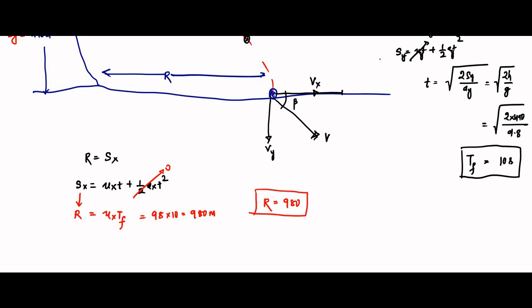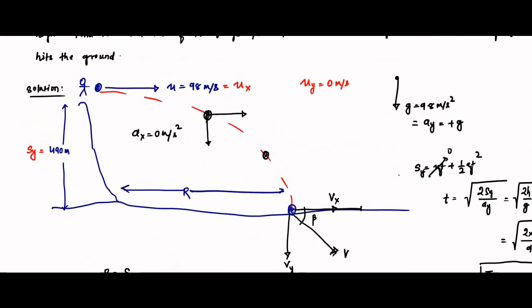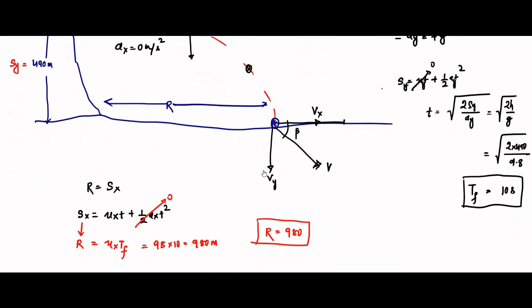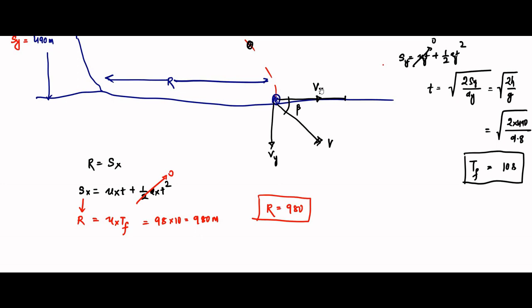Then we have the second part of the question, which is the angle with which the projectile hits the ground. So here Vx is always equal to ux, it is constant, 98 meter per second.